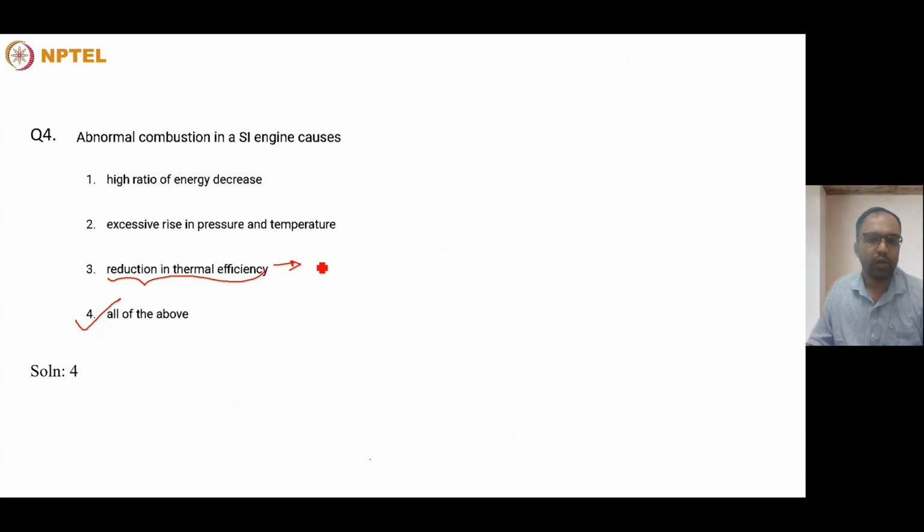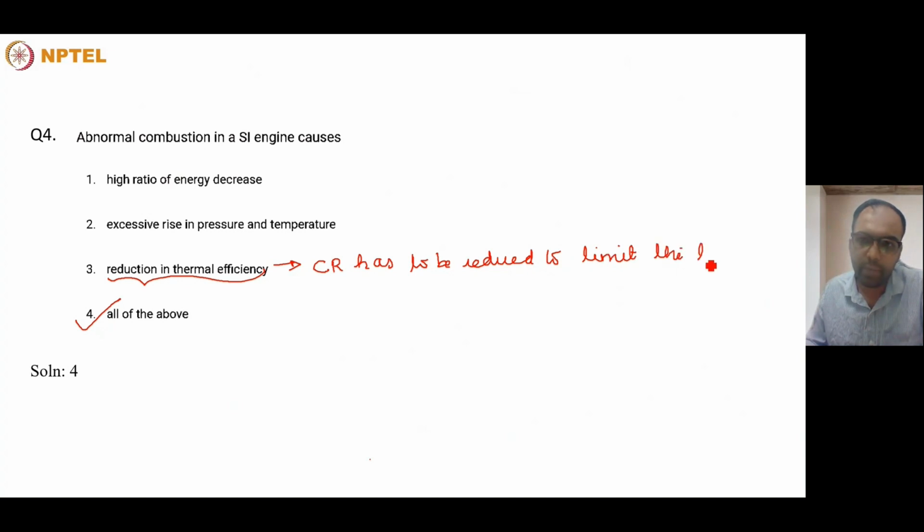So in the case of abnormal combustion, it has a reduced thermal efficiency because the compression ratio has to be reduced to limit the temperature and pressure of the end gas.